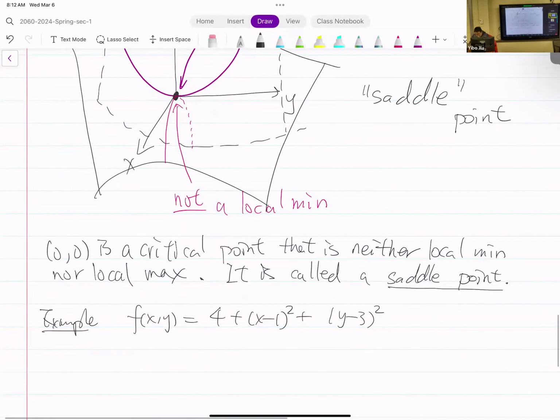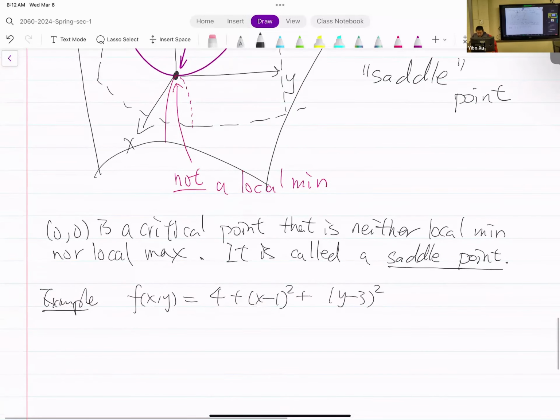Well, if you look at this expression, you see (x minus 1) squared and (y minus 3) squared are both non-negative, right? So indeed, in this situation, you do have a minimum, which is the output of 4, right? Because you're adding the squared terms, and the squares could be zeros. But still, we need to be systematic.